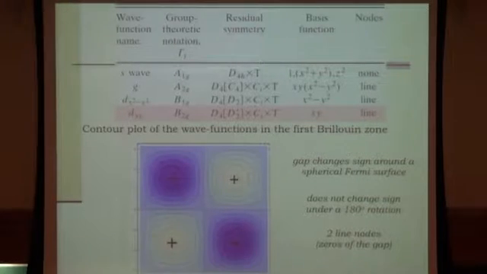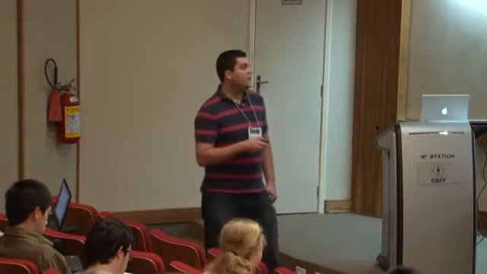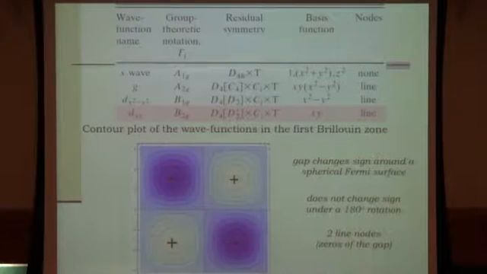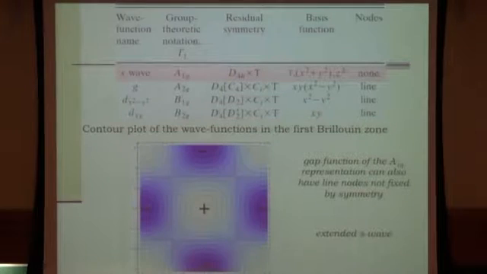Very good. Now, this is not the full story, because even in A1G, I can combine higher order harmonics. I can, for example, create the so-called extended s-wave, or s plus minus, as I will tell you more very soon, where I still have A1G, meaning I still have the same figure when rotated by 90 degrees. The nodes now are not in any way related to a high symmetry point of the Brillouin zone, but I still have sign changing, plus, minus, plus.